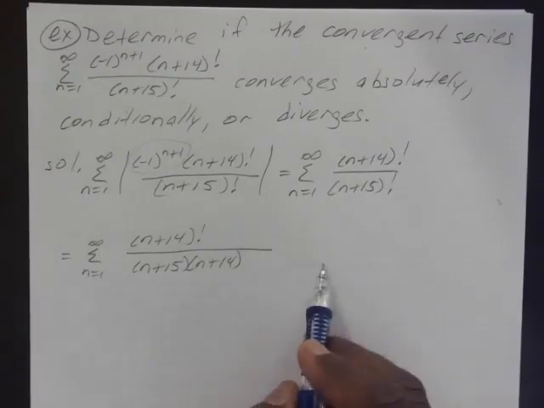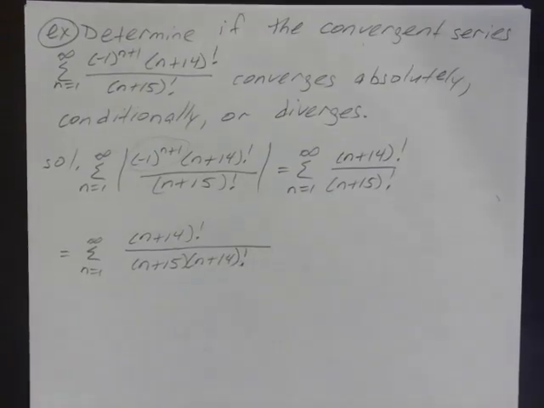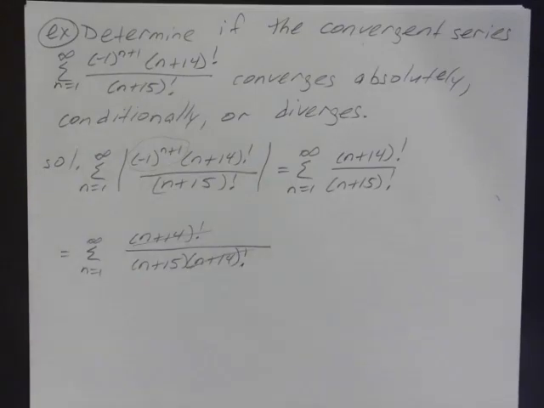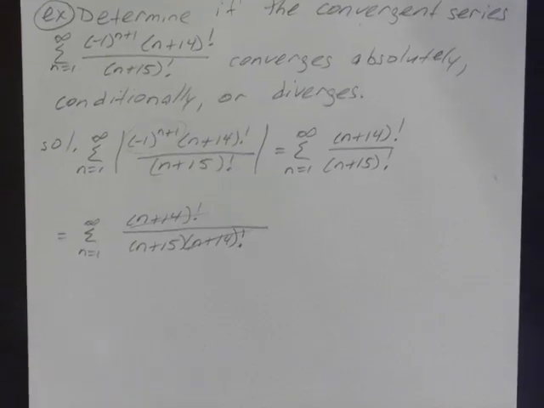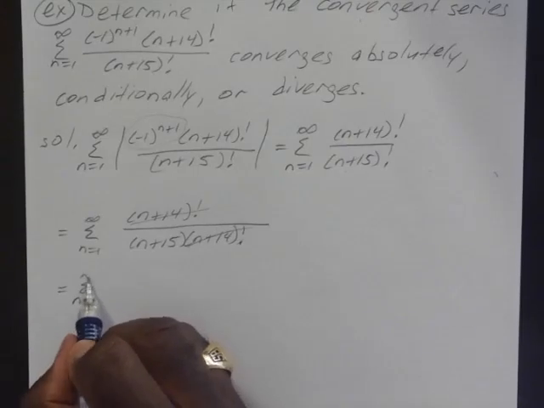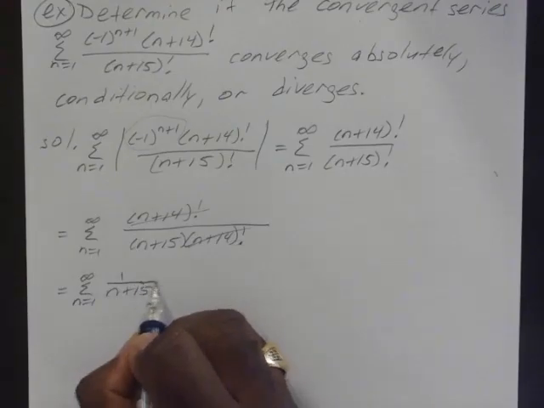And if we kept on going, everything after that would just be n plus 14 factorial. So we see that these two would just cancel each other out. So we have the sum from n equals 1 to infinity of 1 over n plus 15.